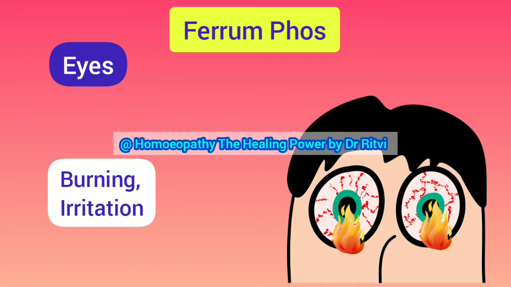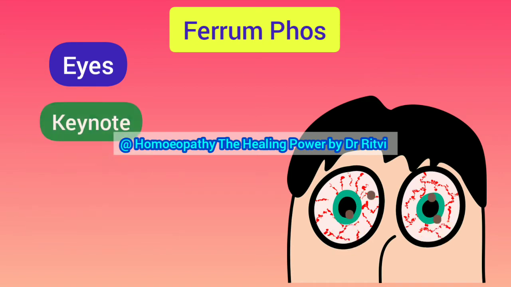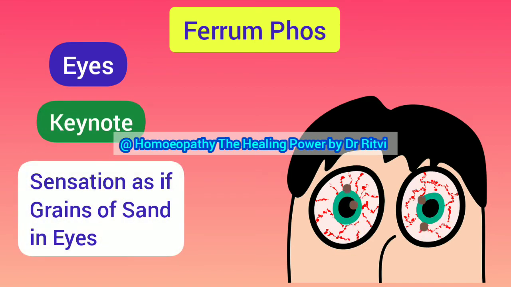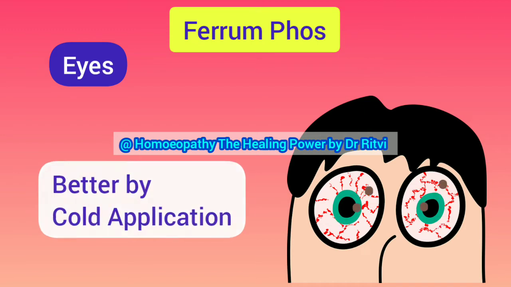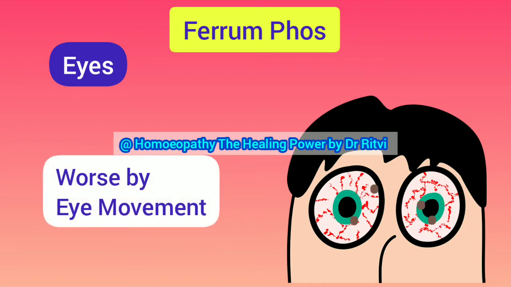And friends, here there is one of the important keynote symptoms which the patient explains, and that is the patient has a sensation as if grains of sand were in the eyes. So there is a constant desire to rub the eyelids. All these complaints are ameliorated by cold application, and complaints are increased by moving the eyes.